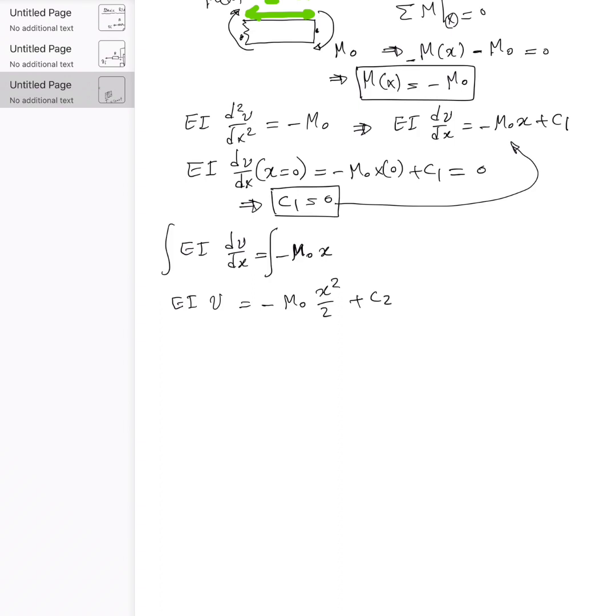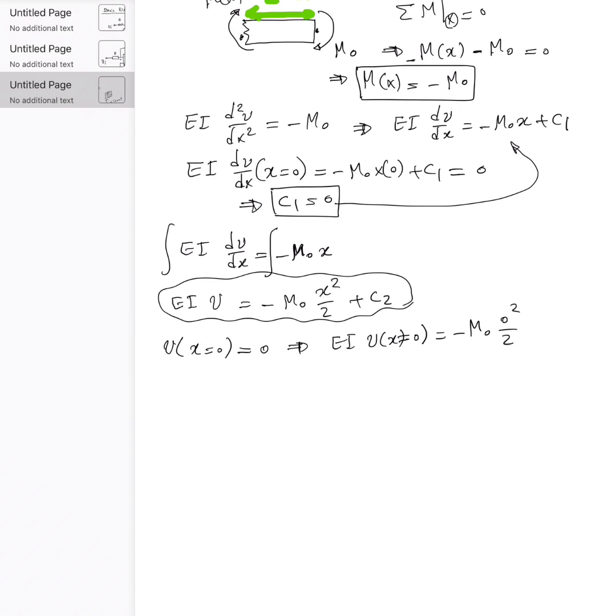Now apply the second boundary condition. The second boundary condition is v at x=0, or deflection at the wall, is equal to 0. If I apply that, I get EI v. All I do, I'm just evaluating this equation at x=0, right? So EI v at x equal to 0 is equal to negative M0 times 0 squared over 2 plus C2. This should be equal to 0.